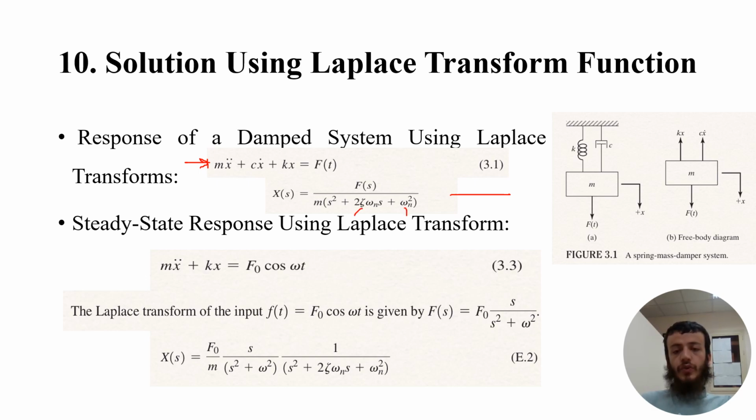Because 2 zeta omega n is equal to c over m. Am I right? Sorry, c, that is the damper constant. And also we had here k over m, which is actually omega n squared. We can find this general equation, or it's a special equation.